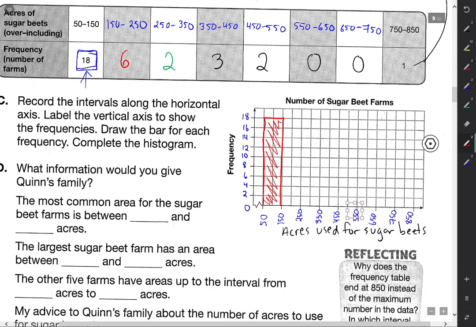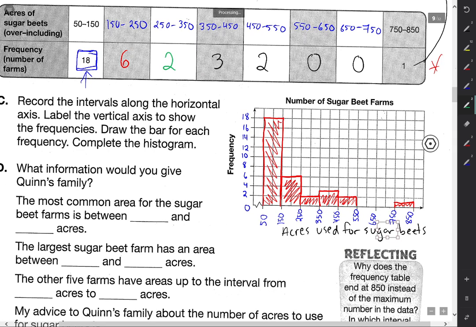Next, between 150 and 250, we have 6. So that would go up to here. Going to put a bar down like that and shade that in. And remember, these bars are allowed to touch, unlike the bar graph. And I'm going to continue this for the rest of the frequencies. All right, so I finished the histogram over here. You can see I put in all the frequencies to what we got in this chart up here.